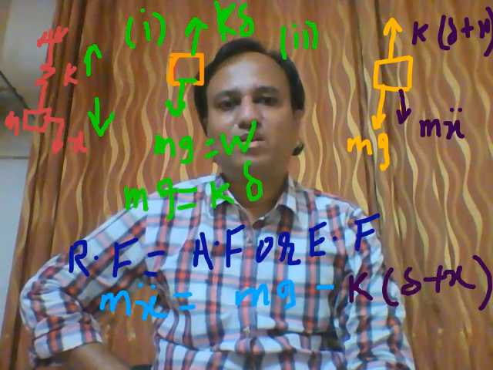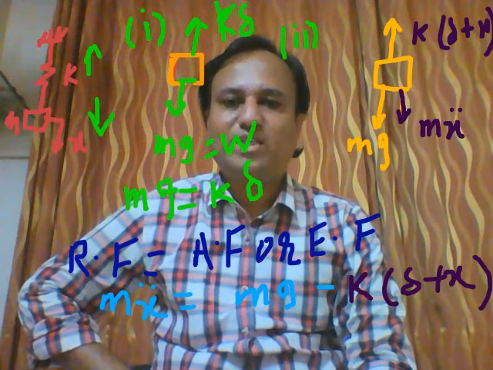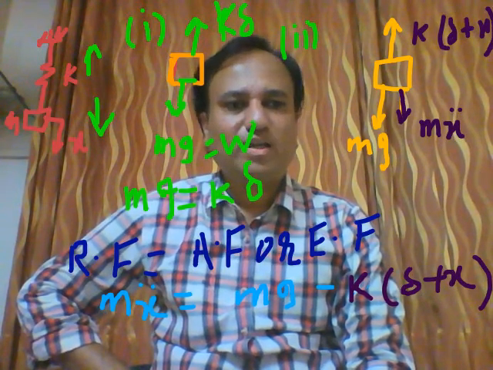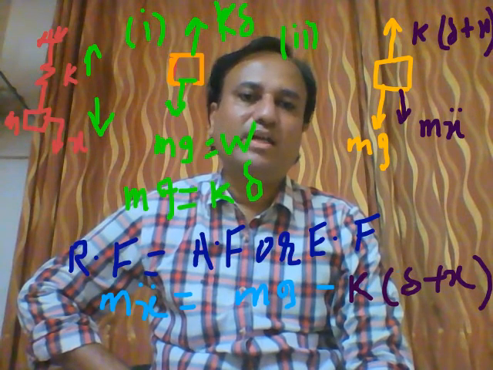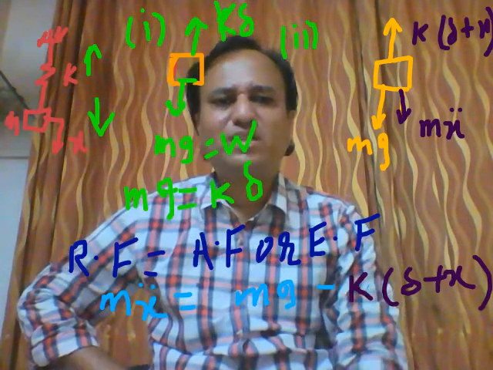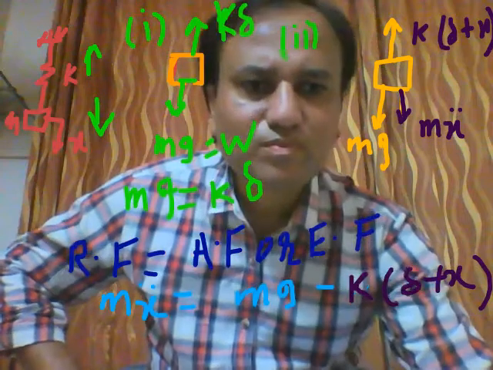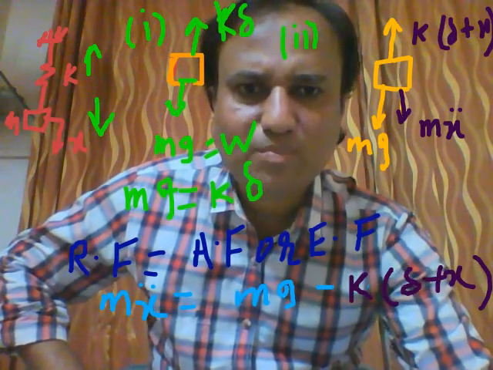Student, mx double dot is equal to mg minus k into delta plus x. Simplify this equation, student. Do the simplification.